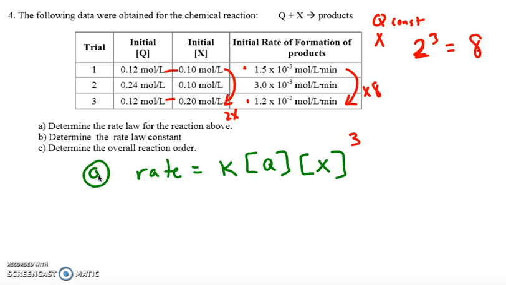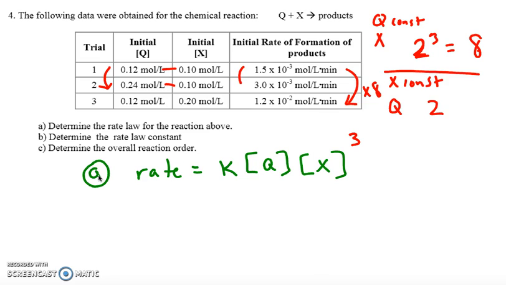Okay. All right, so now we have to take a look where X is constant. Let's see what happens with Q. I'm going to erase this so we can see this better. If X is constant, that is trials 1 and 2, where X is constant. What's happening with Q? Well, from trial 1 to trial 2, that is a doubling.